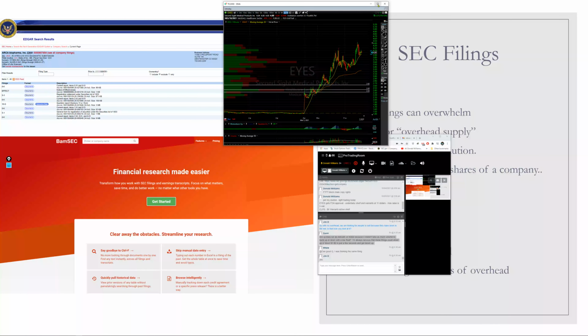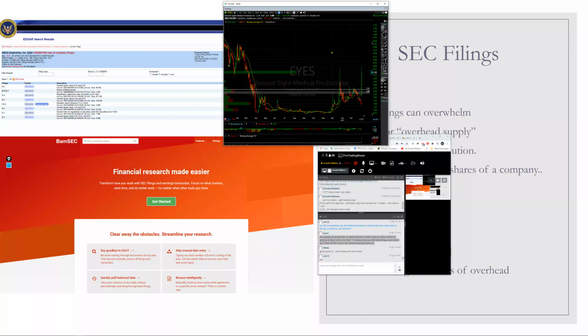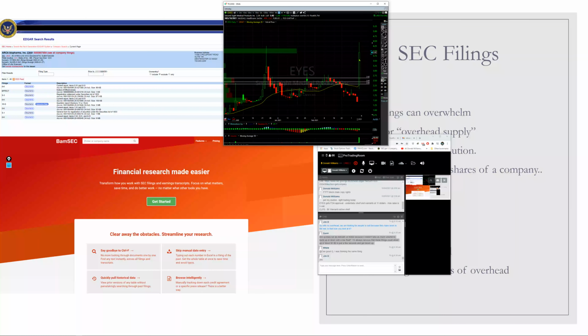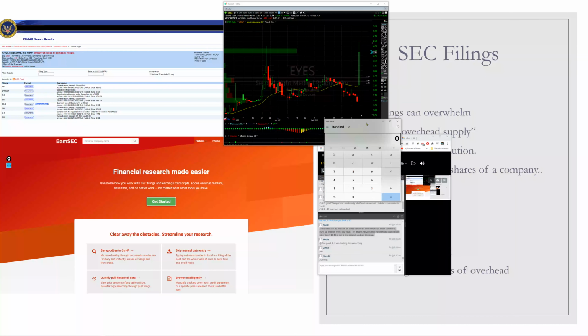So do you remember, and we'll get into this a little bit, we're kind of jumping ahead, but do you remember what the float was on eyes? How much have we traded today? Right now we're at 262 million, right? So here, let's bring out the calculator. Do you remember what we said the float was? So let's just pretend it's 13, right?